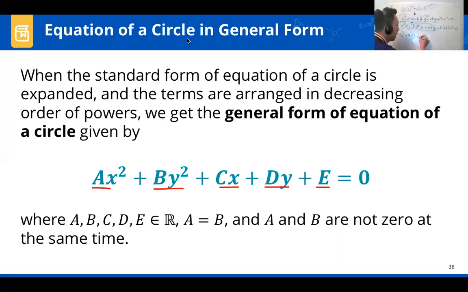So our cx is these two. And then our last one... wait, this one is wrong. So this is our cx, this one. And then this will be our dy, because we have the y here. This is our dy.